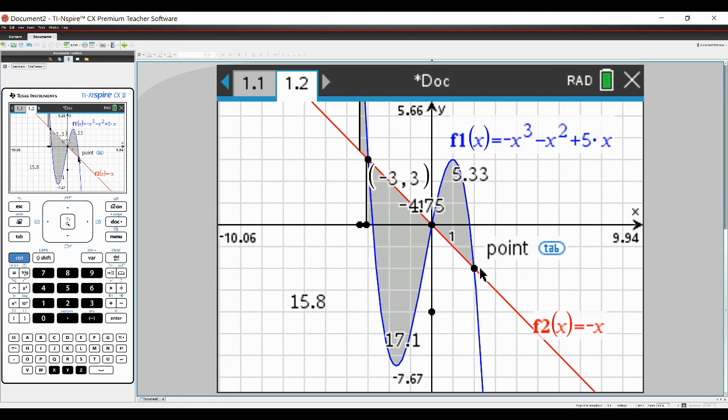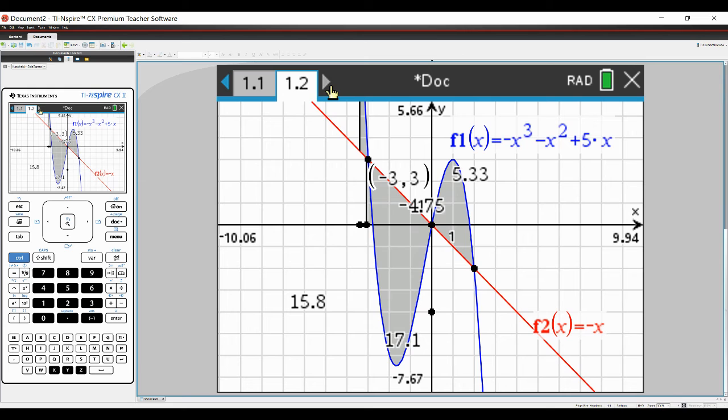And I really wish it would give me a label for this point, but it looks like it's probably at 2. Okay. So look, I've got those areas and I've got them written down, and we're going to come back and visit that.